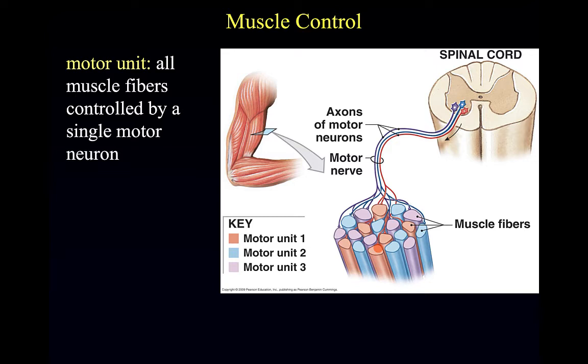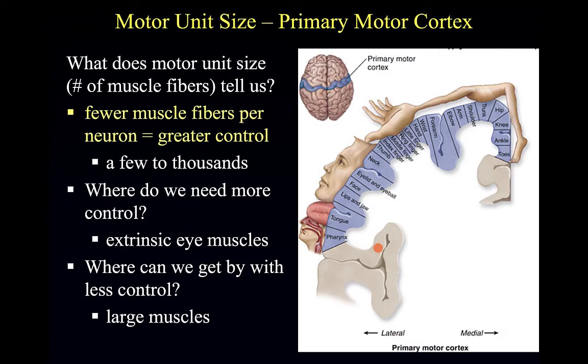Those are kind of the options we have, because either you can have a neuron go ahead and excite all of the muscle fibers that it connects to, in other words, use a whole motor unit, or you can not use that motor unit. What you can't do is use part of a motor unit. All right, so question, what does the motor unit size, the number of muscle fibers that are connected to a single neuron, tell us?